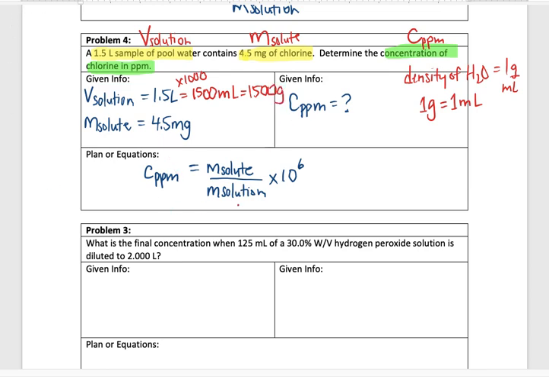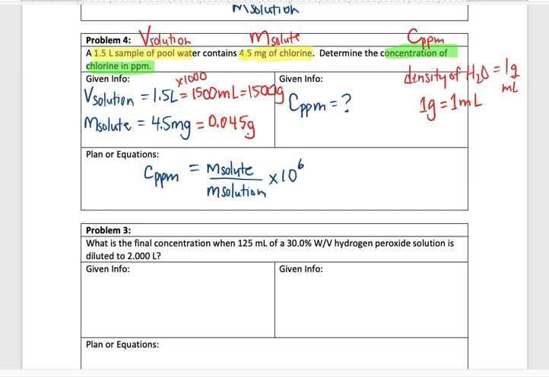All right, the next one. Now that we're in grams, we want the same units for mass, so let's change milligrams to grams. What you need to do there is divide, and 5,000 gives you this. Now we have everything in grams, so we can divide it.